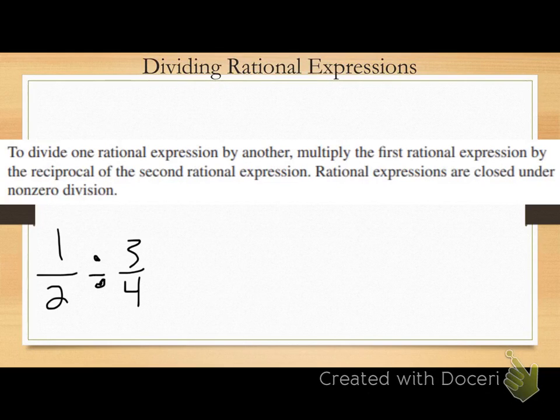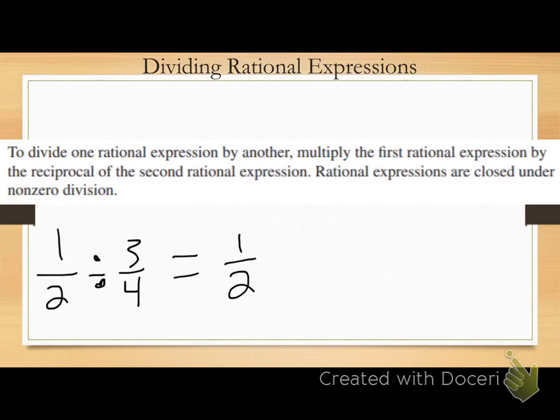Do we remember the little acronym used to divide these? KFC, right? Keep, flip, change. Or some people say KCF, keep, change, flip. I keep my first fraction the same. I take the reciprocal of my second one, which means I flip it.